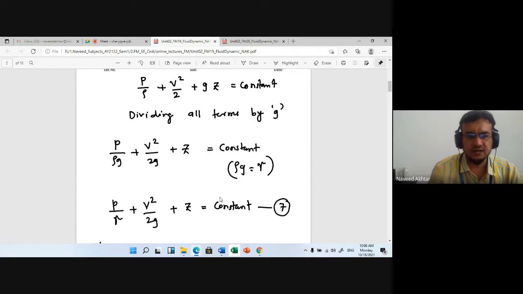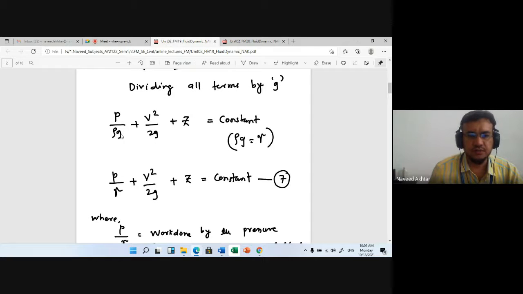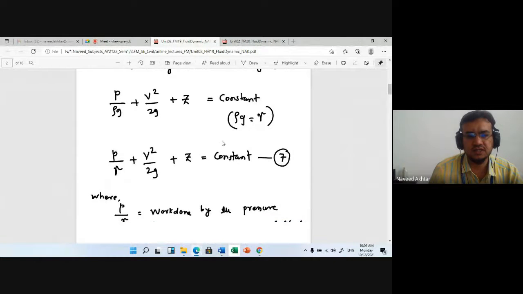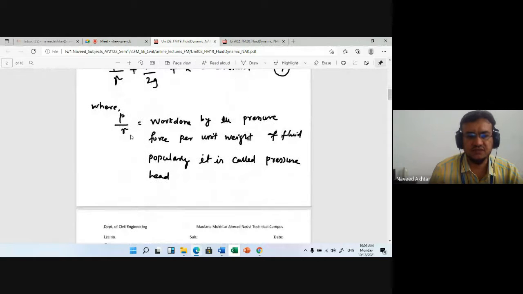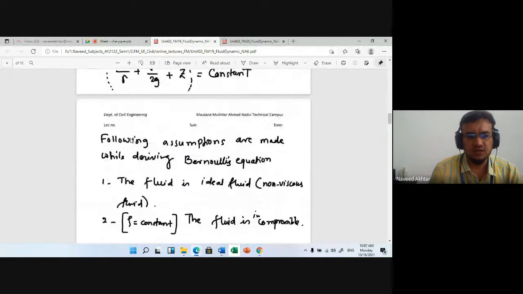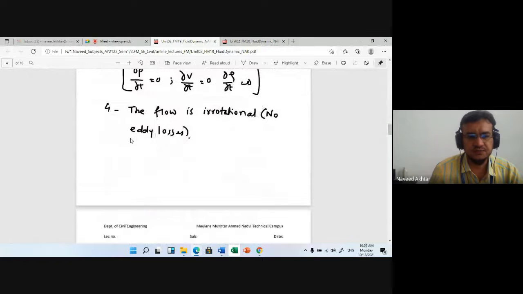That gives P upon rho plus V square upon 2 plus Gz. Dividing by G, we get P upon rho G plus V square by 2G plus Z is equal to constant. This equation is nothing but Bernoulli's equation.